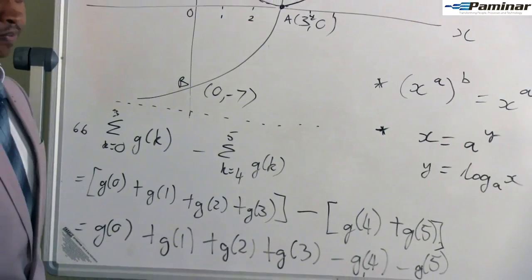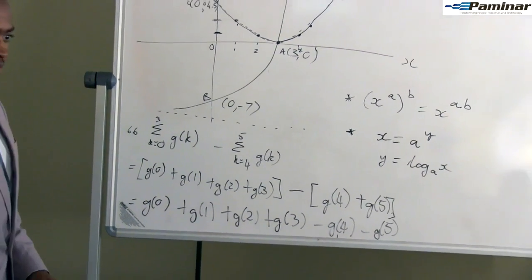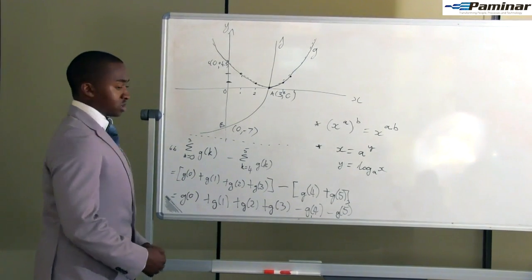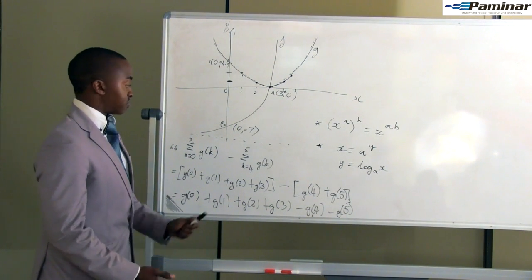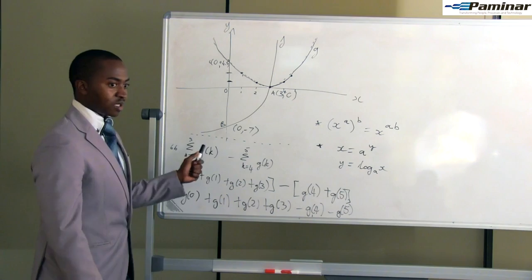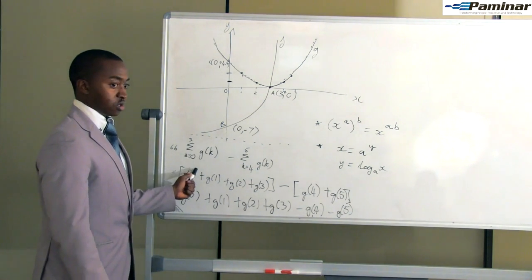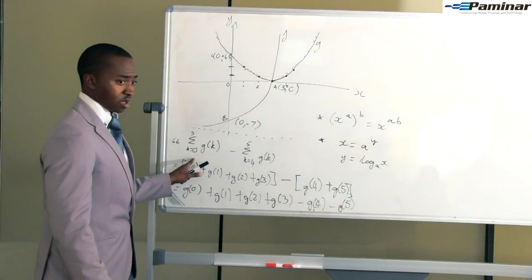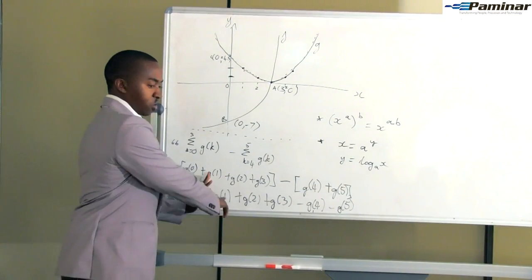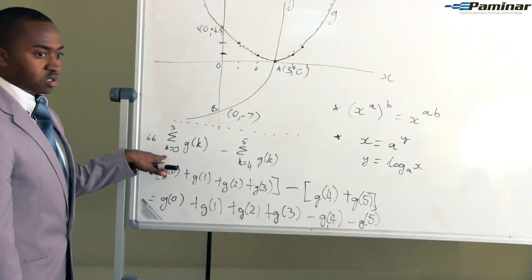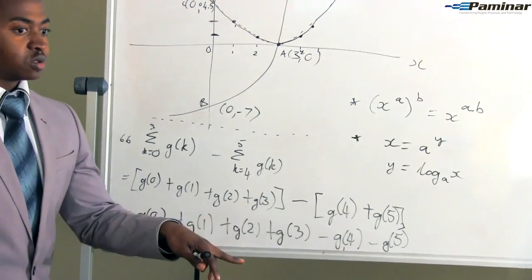Question: isn't it that in the first summation, given that there's a 3, there are 3 terms? Not necessarily 3 terms. Because there's a 3 there doesn't mean that it's 3 terms. You start counting from 0, not from 1. If it was 1, then you'd say g of 1 plus g of 2 plus g of 3. But they specifically say start from k is equal to 0.